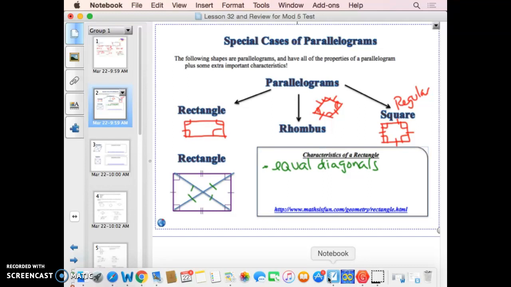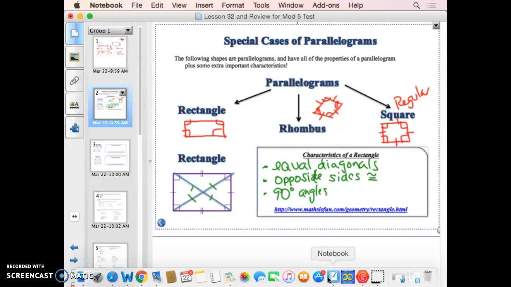The opposite sides are congruent. And they have 90-degree angles. So all that has been marked on the drawing. So that's special about a rectangle.